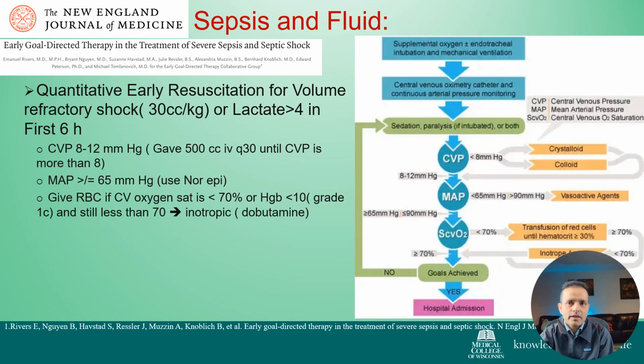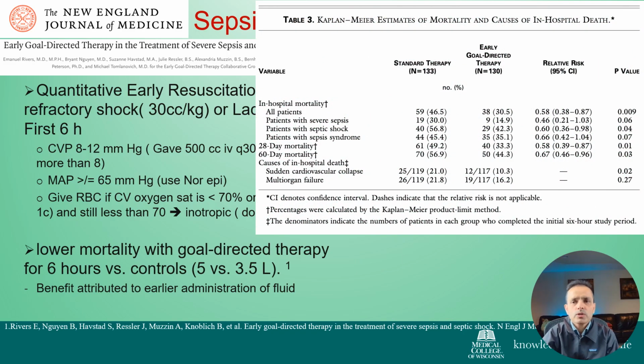You give fluid 500 cc every 30 minutes until CVP is more than 8. Then if hemoglobin is less than 10, you give a blood transfusion, and if the central venous oxygen saturation is less than 70, you give an inotrope. So there are so many goals that you're supposed to meet, and that's why it's called goal-directed therapy.